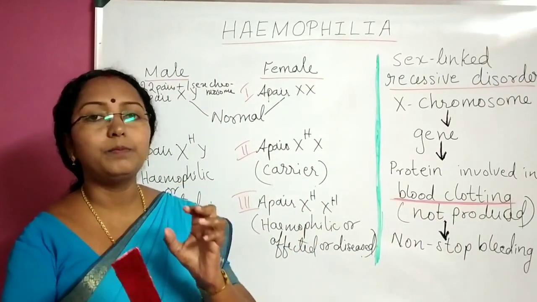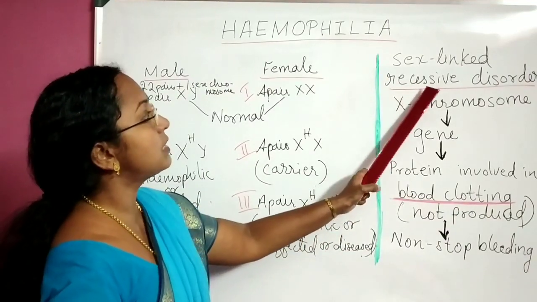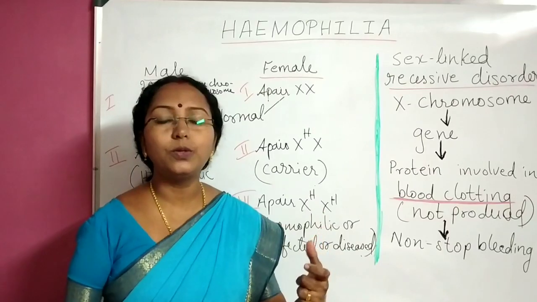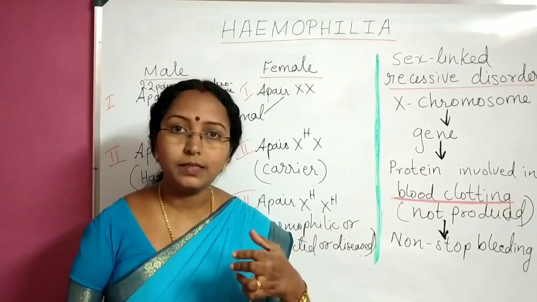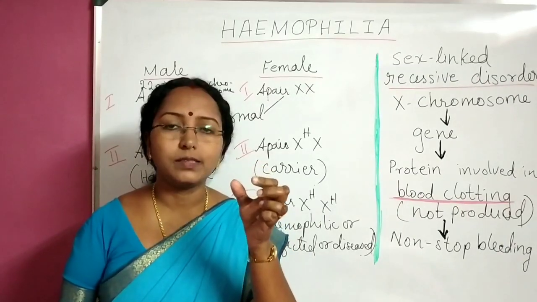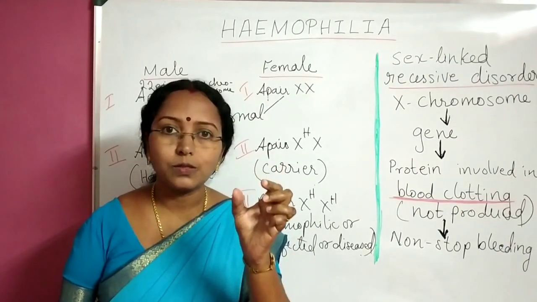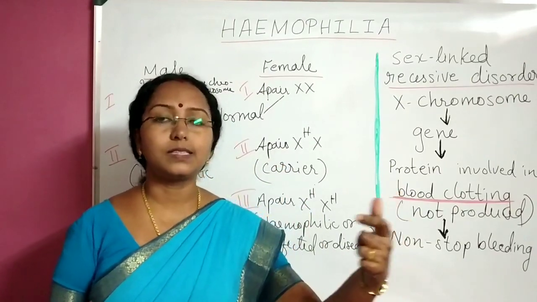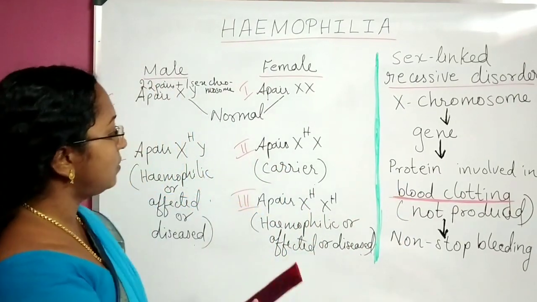Now here comes the importance of this term, recessive disorder. In the last video I have told you recessive disorders means in such kind of disorder both the pairs of alleles or chromosomes should be affected. Only then the disease is recessive. So here also it is very evident.